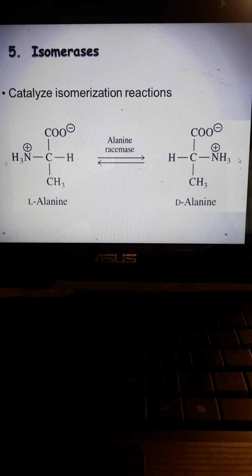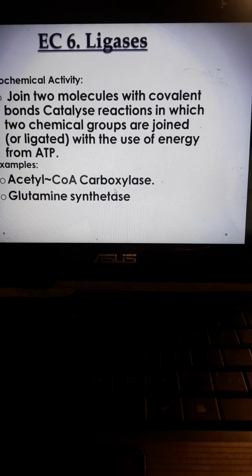What happens is just a rotation of the ammonia to the other side. This is already D, dextro. For L, the direction is to the other side. Clockwise and counterclockwise. This is catalyzed by the enzyme alanine racemase. The reaction is reversible.